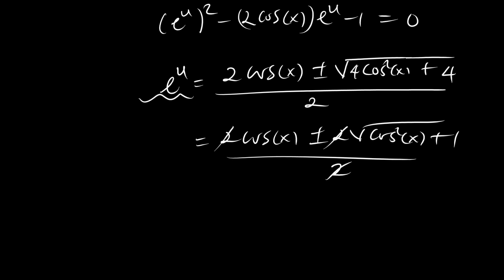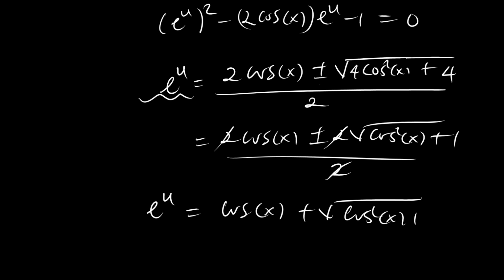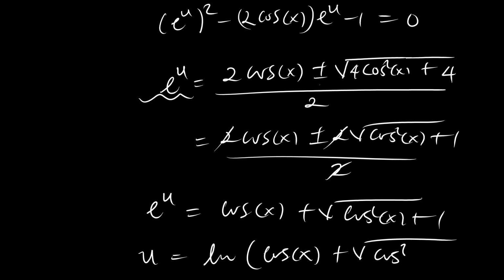But since we know e to the u will always be positive, we are going to remove the negative. The only valid answer is going to be that. And so, in other words, u is equal to the natural logarithm of cosine of x plus the square root of cosine squared x plus 1.